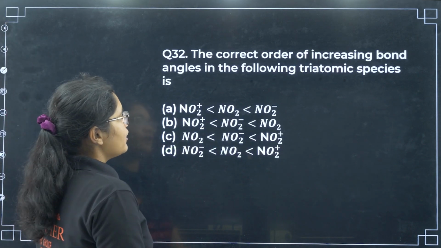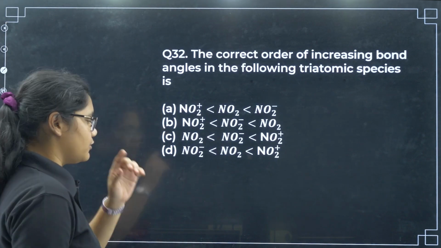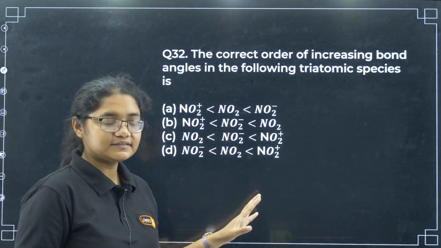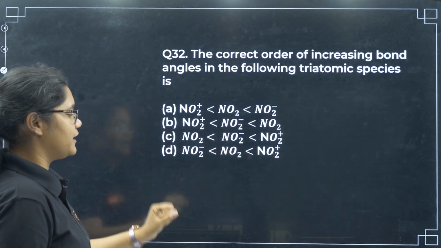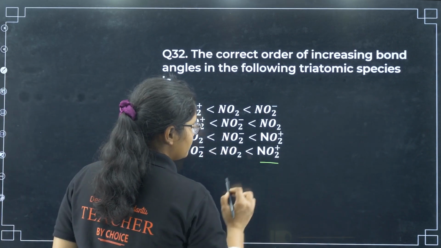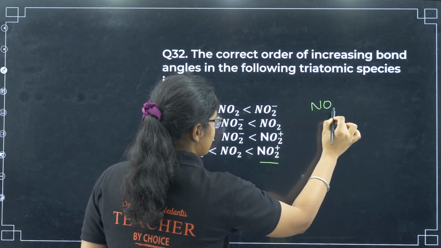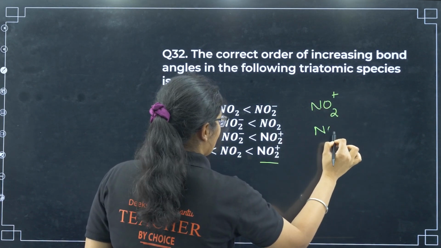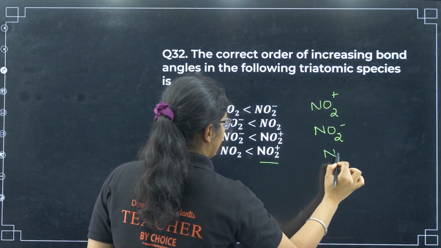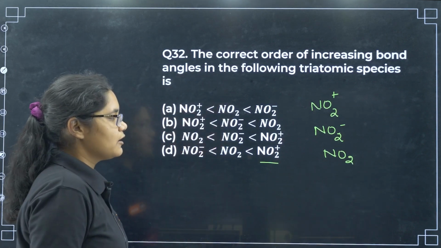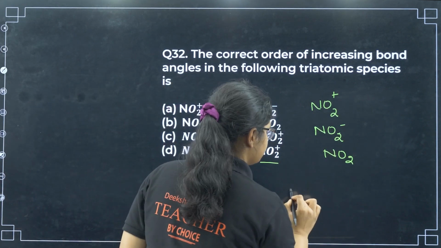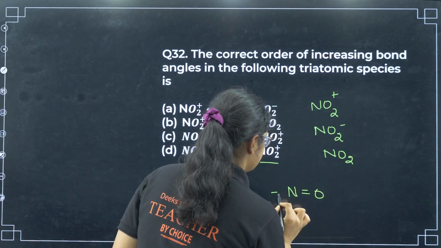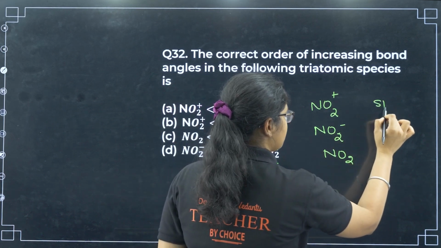Next, the correct order of the bond angles in the following. If I just see the structure and the hybridization, I have these species: NO2 plus, NO2 minus and NO2. NO2 plus means the structure will be somewhere around like this, and it will have sp hybridization.